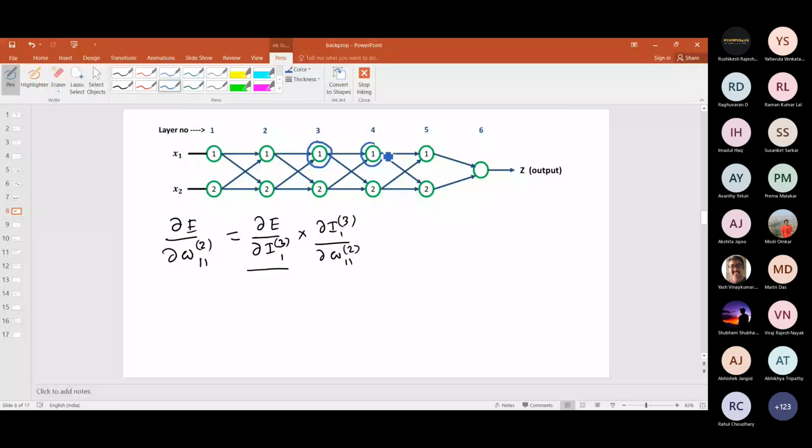Because the I is influencing this node, which is producing some output, and this is going to influence these particular nodes and so on and so forth. In this way you can proceed. So if I can compute the whole thing with respect to this, then I can recursively find the formula and just do it for all the nodes here. So let me just focus on this particular part.